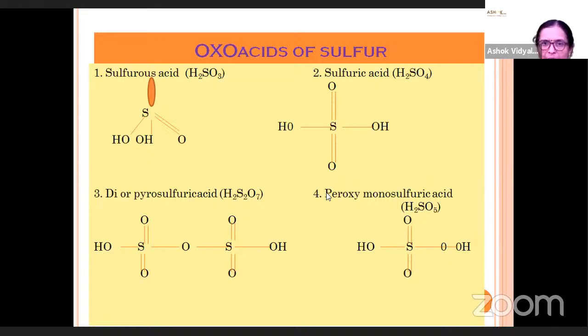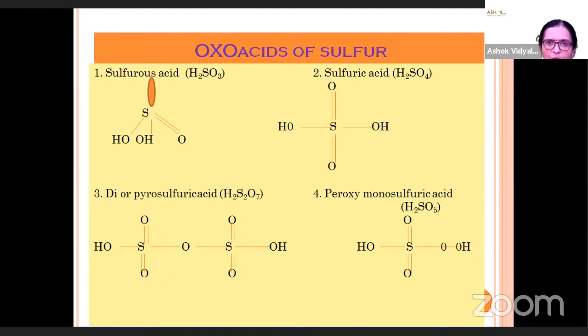So it is known as peroxy, meaning in between sulfur and OH there is one oxygen atom. So this acid is known as peroxymonosulfuric acid. Hope you have understood these structures.